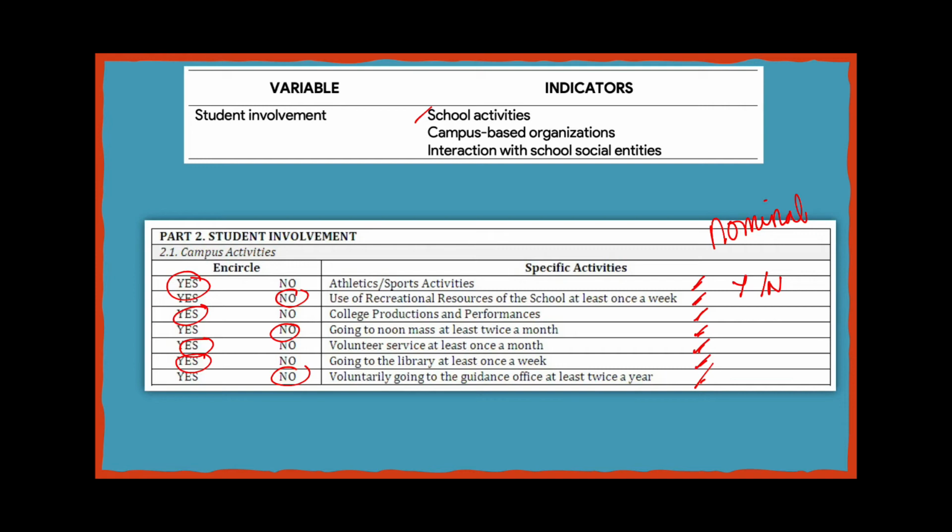So, for example, the highest possible score is 7, and of course, the lowest possible is 0. So, in terms of the number of activities that is being engaged or involved in by the student who is answering, if it is going to be the sum, then this is now a continuous variable, or specifically an interval variable.